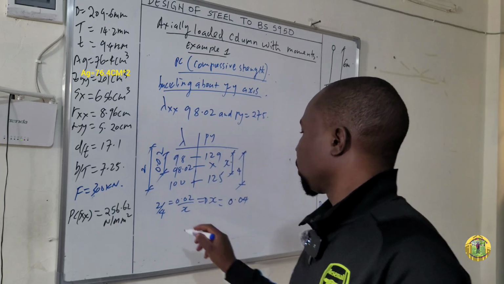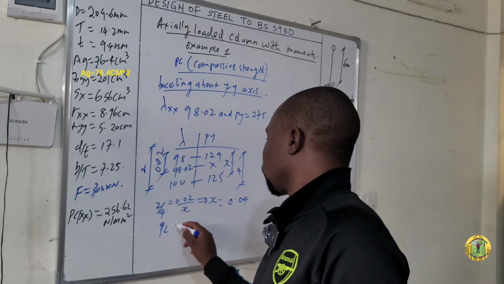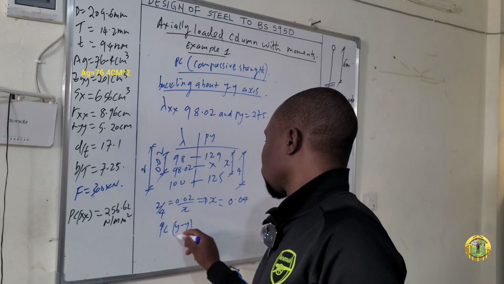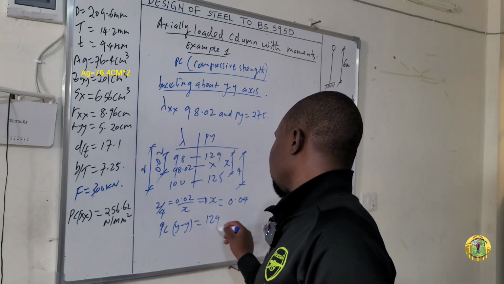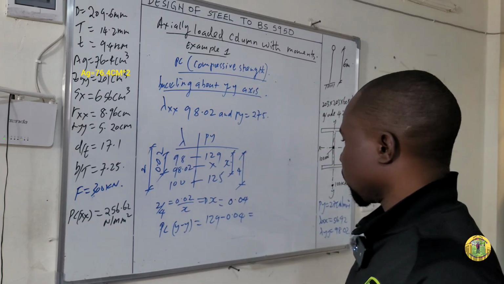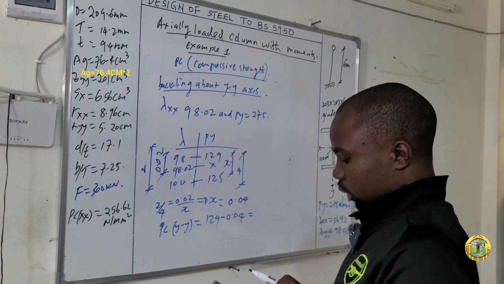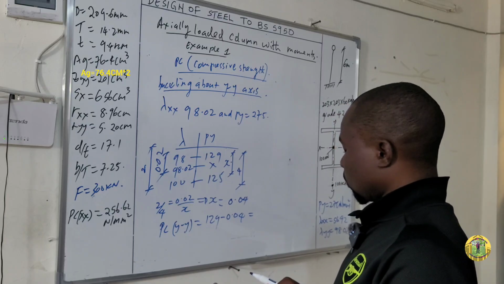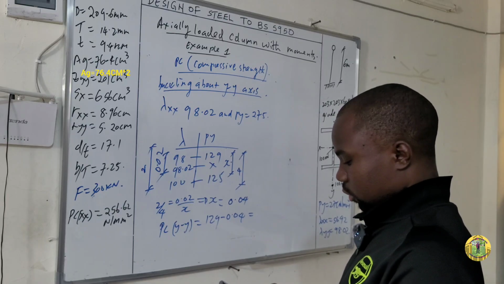So the PC for YY is equal to 129 minus 0.04, which will be 129 minus 0.04.